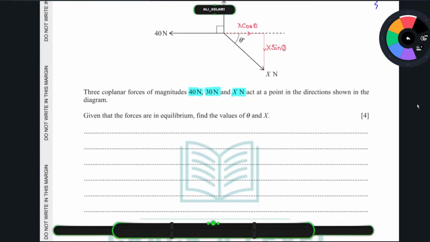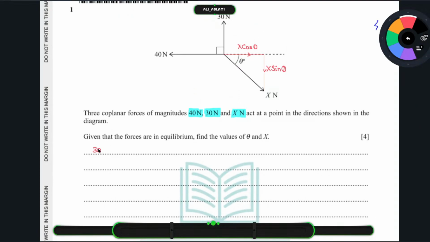And given that it's in equilibrium, the second one should be, and if we substitute that, 30 equals 40 times sine over cos, which becomes tan theta.